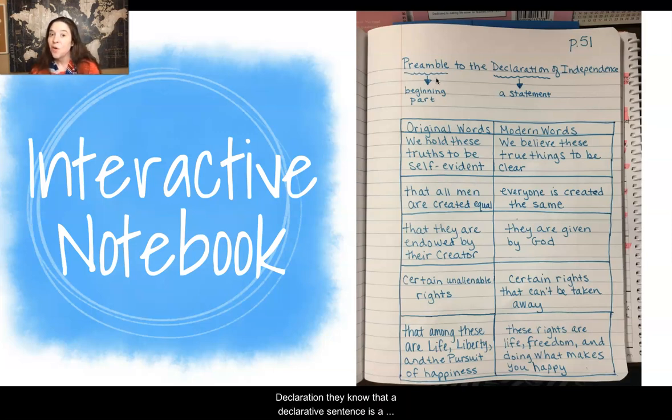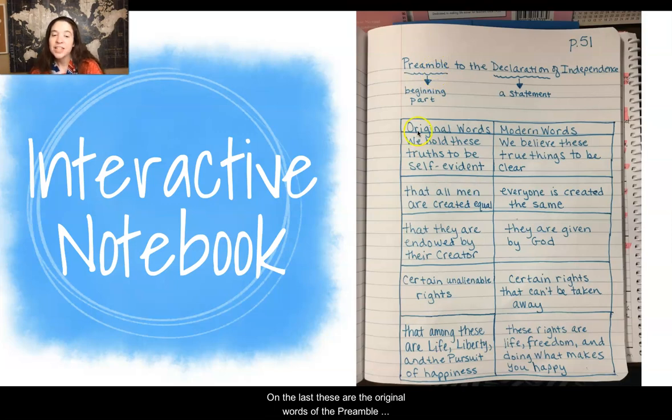Declaration, they know that a declarative sentence is a sentence that makes a statement. So a declaration is just a statement of independence. This was a document in which the colonies stated, we are no longer going to be part of England. We are declaring our independence.